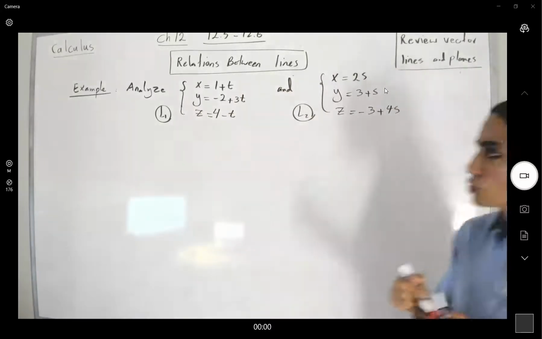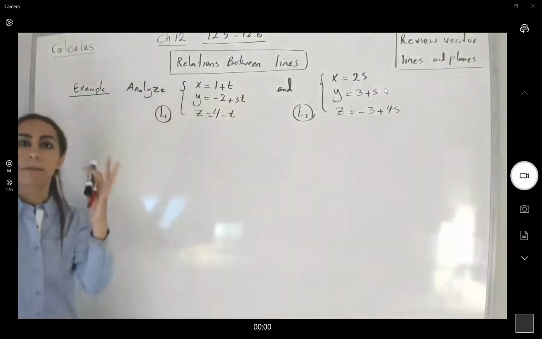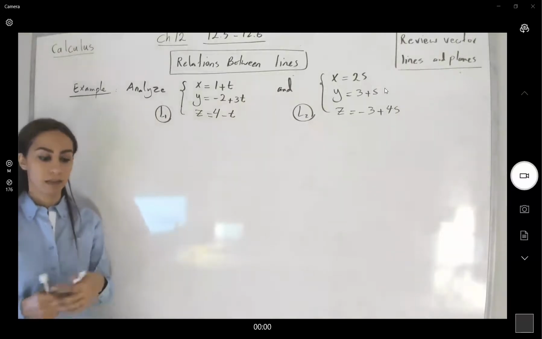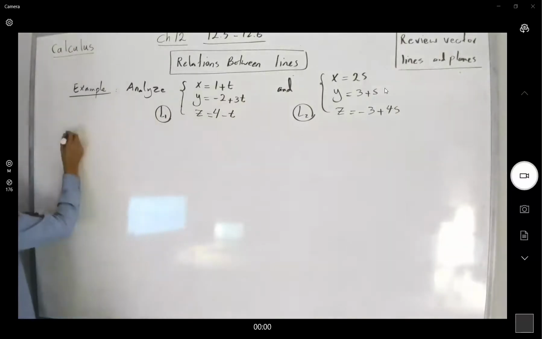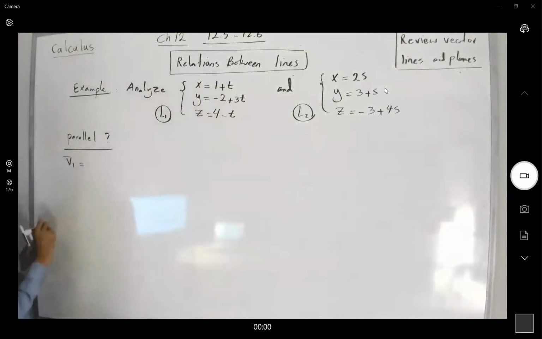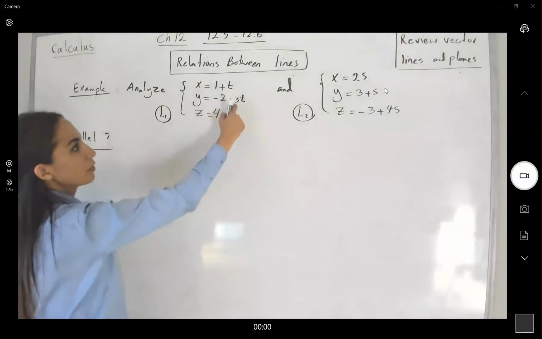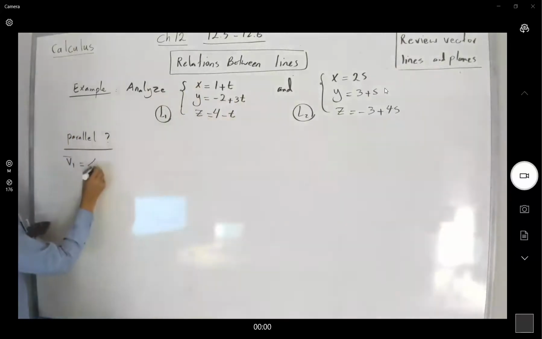Okay, so remember that if they are parallel to each other, it means that their directional vectors are parallel. So let us check to see, are they parallel? V1, the directional vector for the first line, is 1, 3, negative 1.